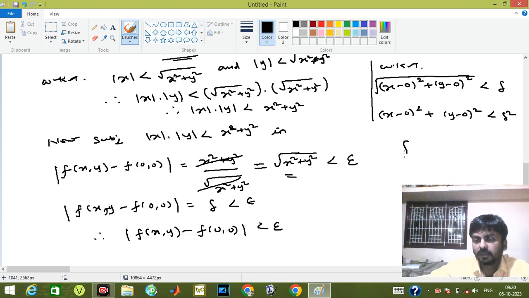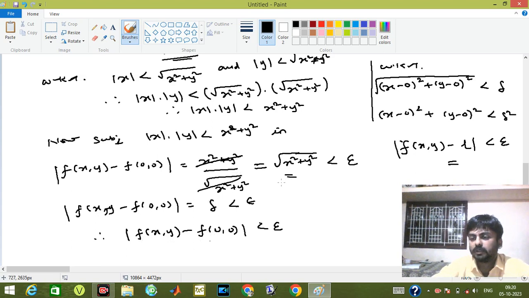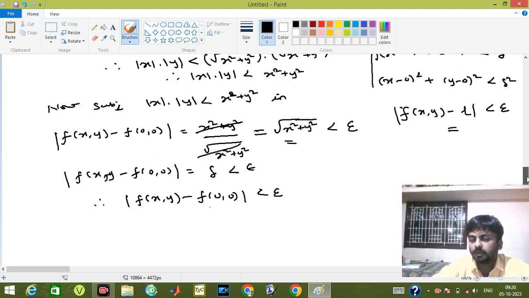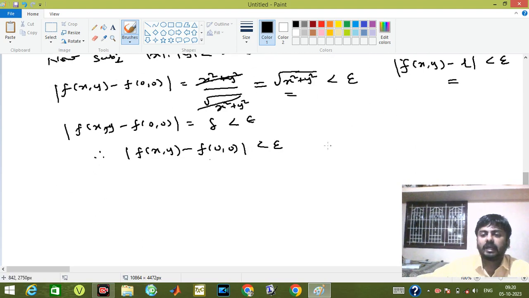By definition we know that modulus of f of x comma y minus L will be less than epsilon. Am I right? If this definition is true, what is your L? L is f of 0 comma 0. Here L is f of 0 comma 0, so L equal to f of 0 comma 0.